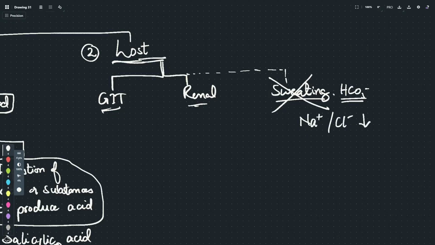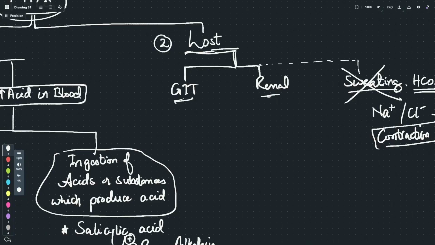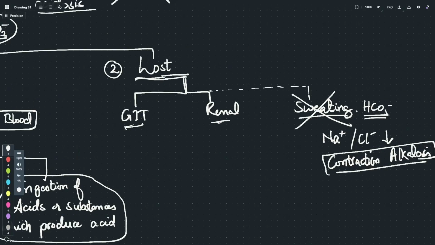That can cause decreased blood volume, and that can actually cause contraction alkalosis rather than acidosis. So in this case, the bigger problem is alkalosis rather than acidosis, and we will see what contraction alkalosis is in the upcoming lectures. So you should not consider sweating as a prominent route of loss of bicarbonate.